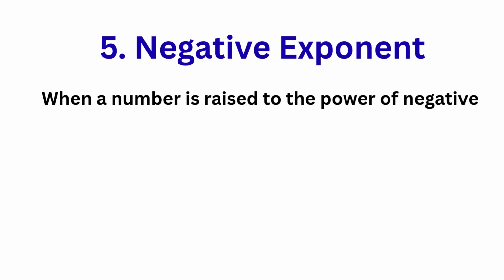And the last law of exponents is the negative exponent. That is when a number is raised to a negative power. Whenever a number or a variable is raised to a negative exponent, we divide 1 by the same base, which is now raised to the positive exponent.